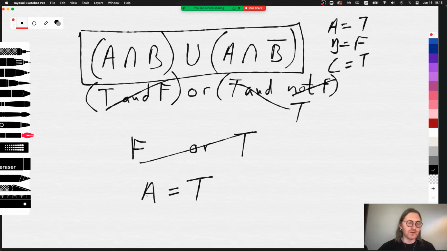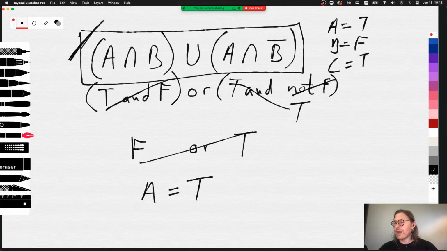Now, what does that mean? Let's say you have a few Boolean parameters to a function, and you find yourself with essentially this type of expression happening within your function in order to make a choice.